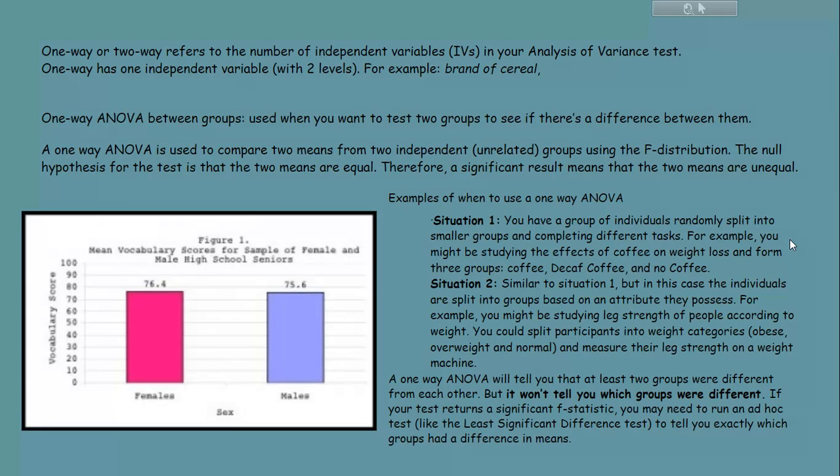The null hypothesis for the test is that the two means are equal. Therefore, a significant result means that the two means are unequal. So when we're looking at comparing those different types using F distribution, what we're really looking for are there significant discrepancies there.